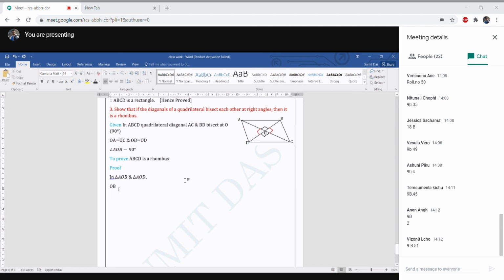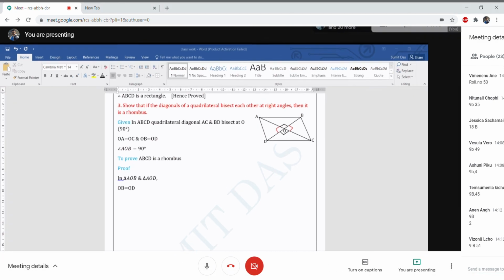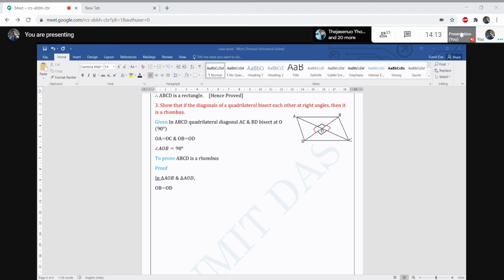Let's start. We can see OB equal to OD in these two triangles. OB equal to OD, given, and OA equal to AO, right, because these are common sides.